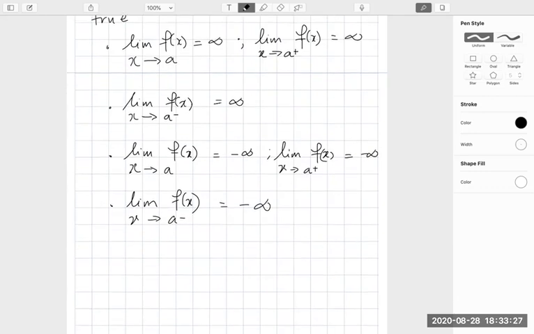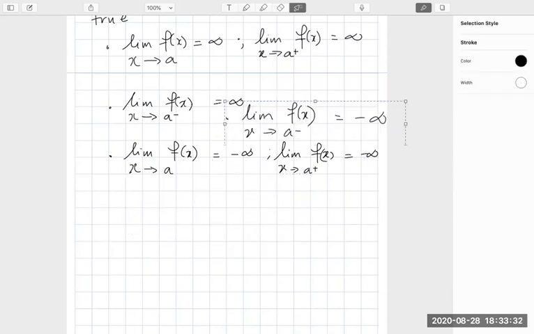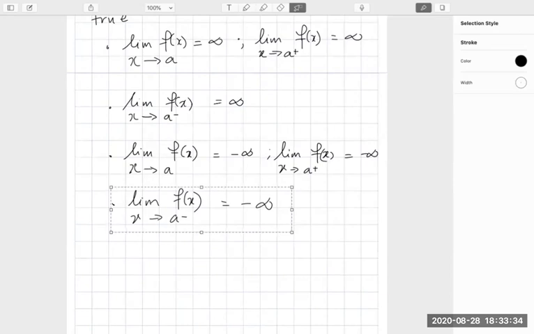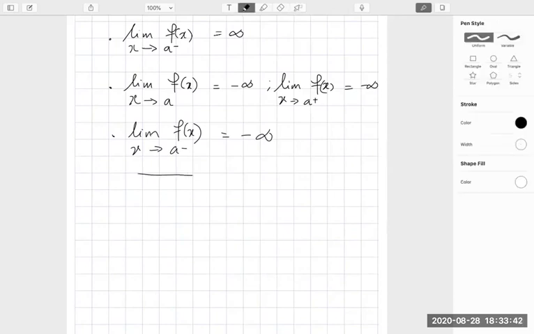Okay, still okay. Then these are asymptotes, as you can also see in the previous example about the graph. Now, let us consider these examples. The limit of 2x over x minus 3 as x approaches 3 plus.